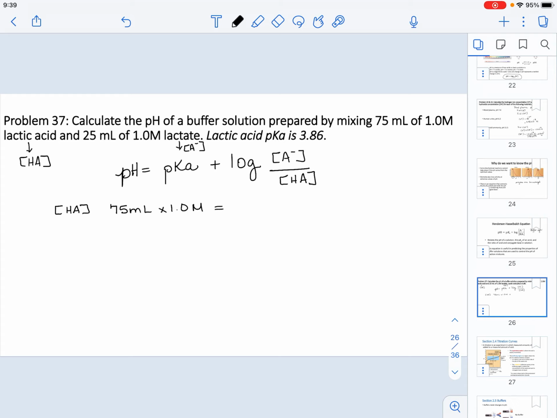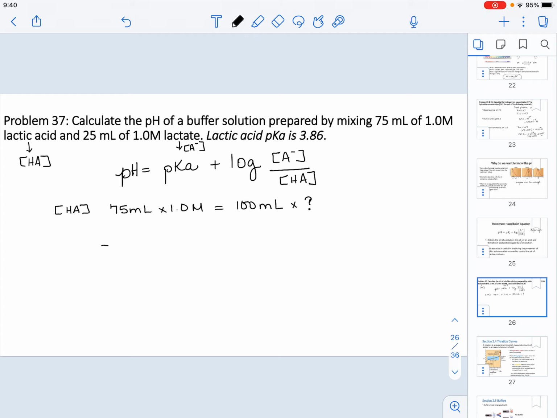And when we do 75 milliliters plus 25 milliliters, that's 100 milliliters overall in the solution. We're trying to find our final concentration.